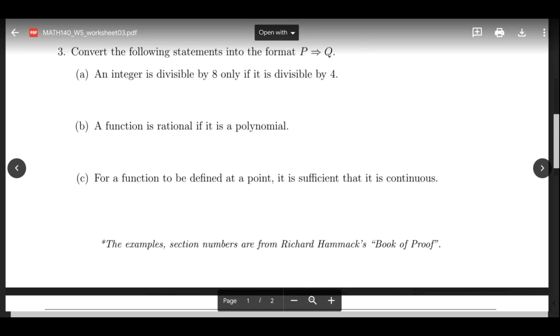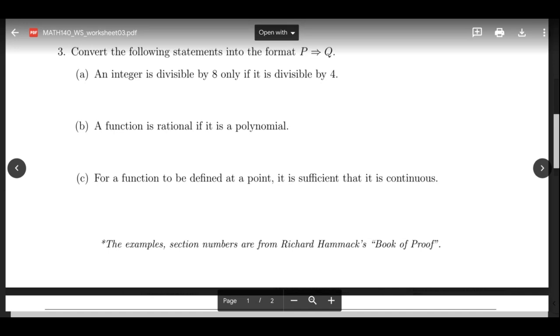P implies Q, right? We just want to convert. At this moment, we don't care if the statement is true or false. We don't care about that. We just want to convert the combined statements into P implies Q form.